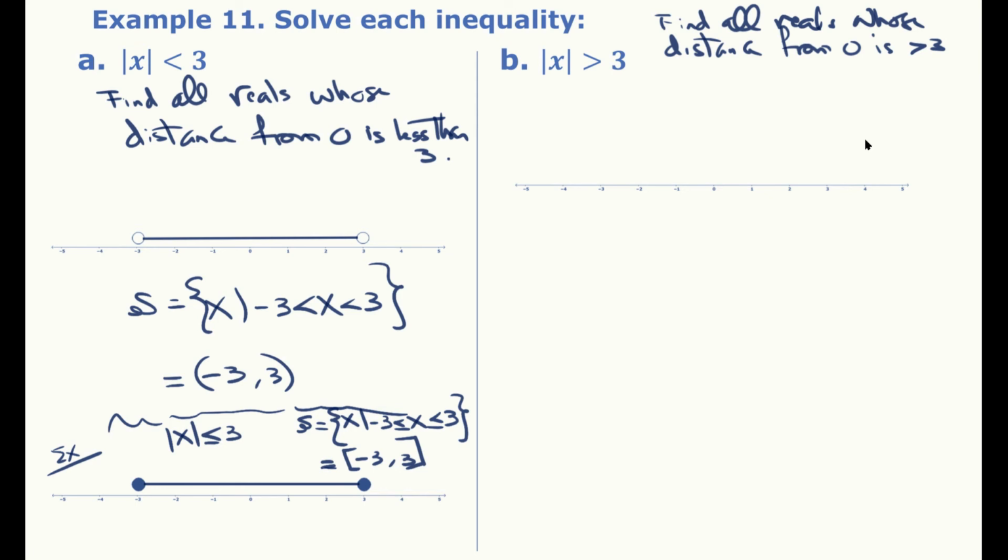Okay, so here is 0 itself. Again, just like in this case, we'll first look at what values of x are exactly 3 units away. And as you know, that would be 3 and -3, right? If we want all the numbers whose distance from 0 is more than 3, imagine that your house is here, and you're looking for friends whose homes are more than 3 miles away from your house.